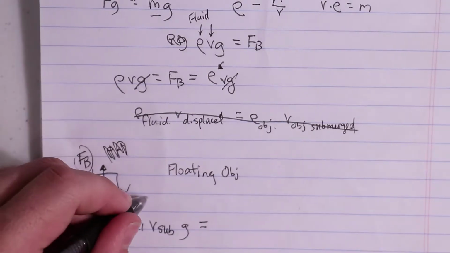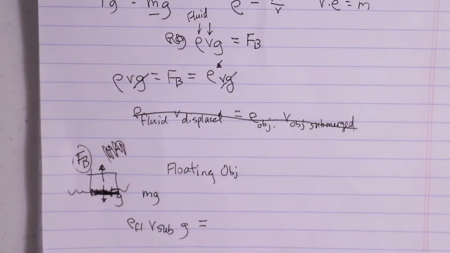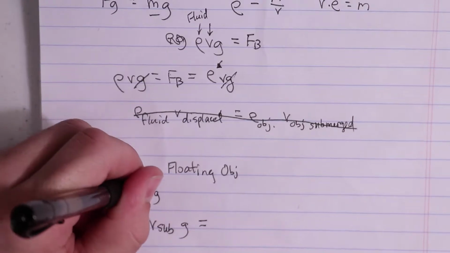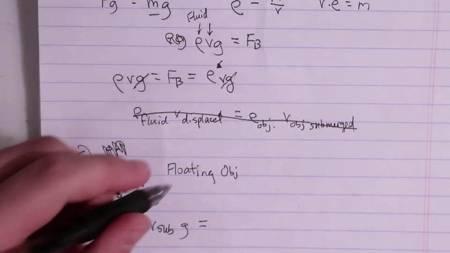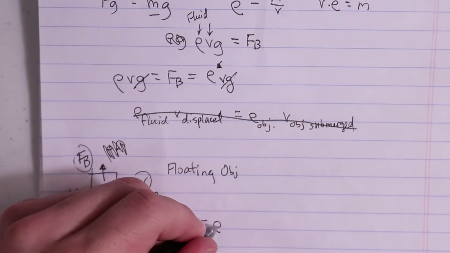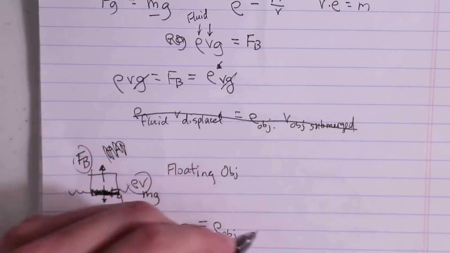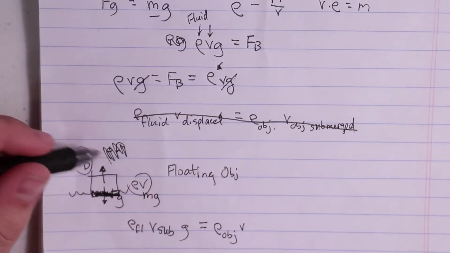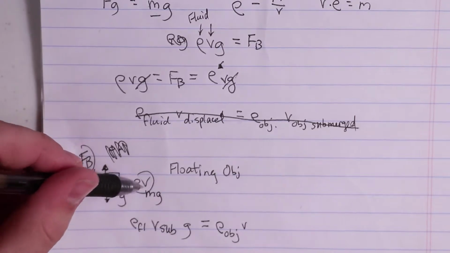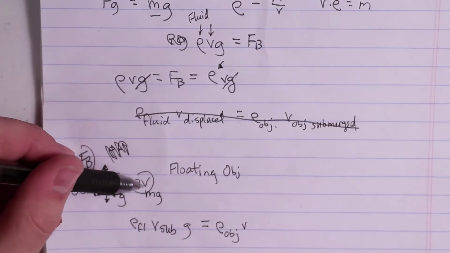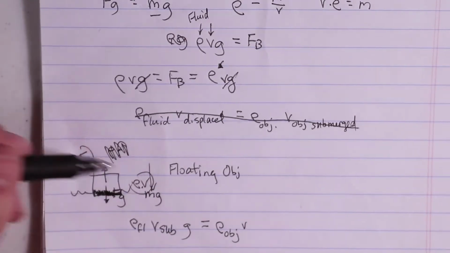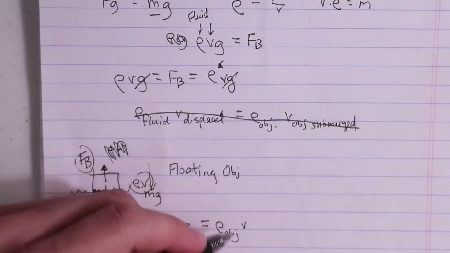So Fg is just m times g, and remember that the mass equals the density times the volume. So what volume are we going to use? The density of the object times the entire volume, because the entire volume times the density of the object gives the entire mass, and force gravity is made up of the entire mass.